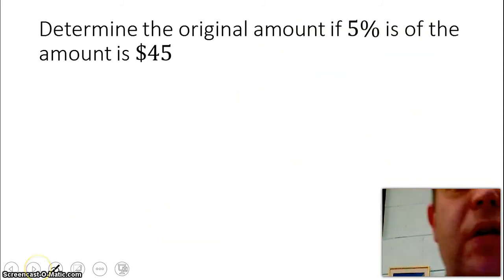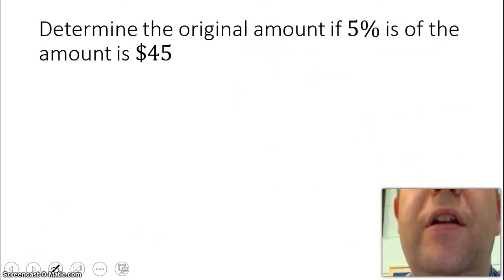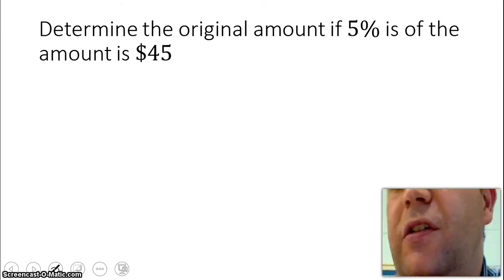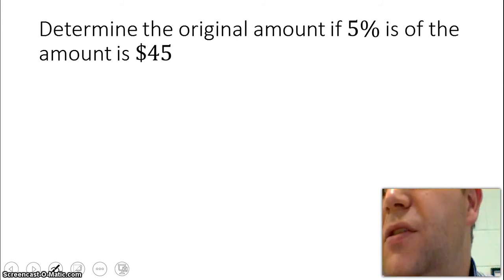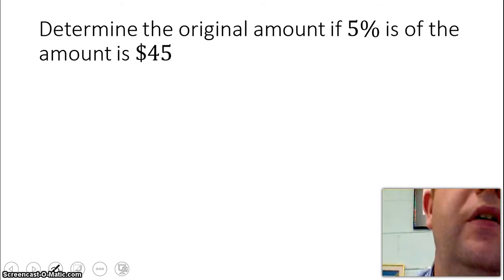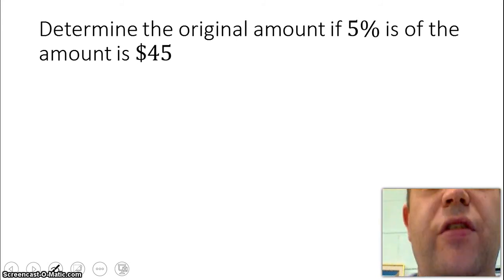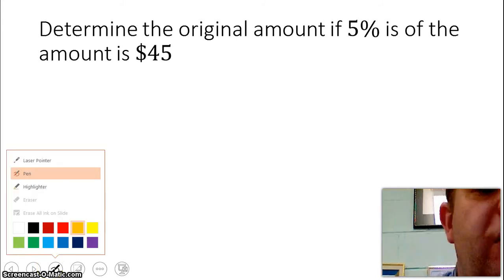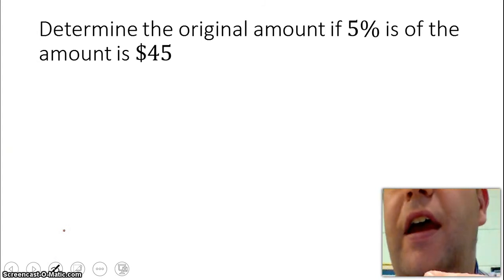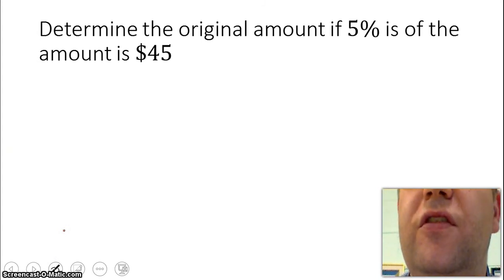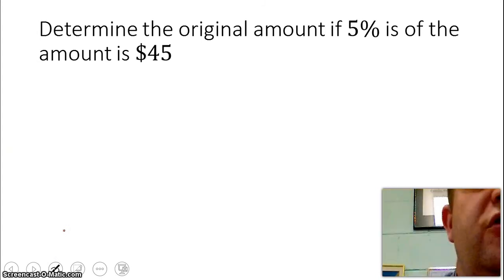$4.25. Find the original amount if 5% of the amount is $45. We can do this one the complex way, using the unitary method, or we can do this by just using our nous to work it out.